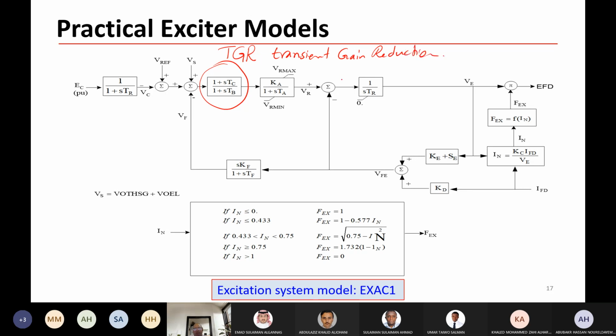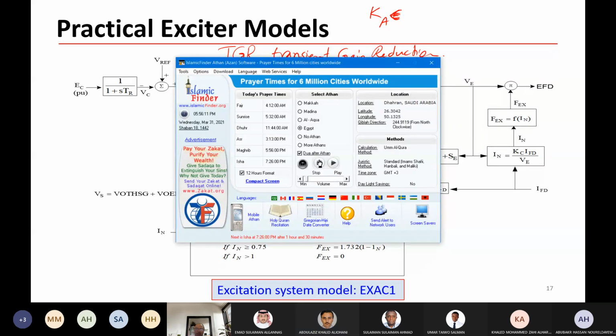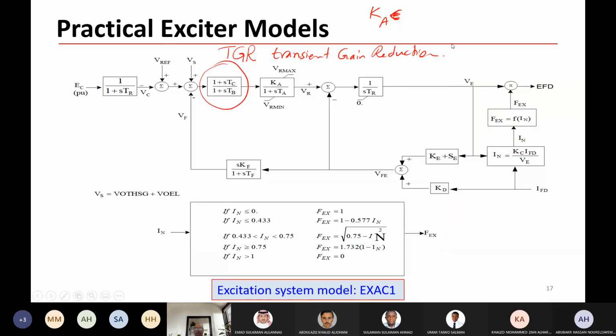If you still remember, when we discussed the automatic voltage regulator, the KA ranges between what? If you still remember. KA is 25 to 50.